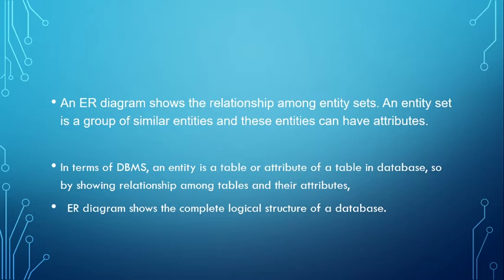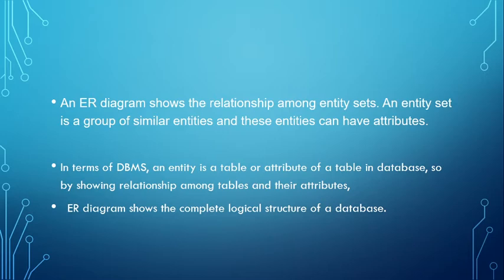Let's see an example diagram. An ER diagram shows the complete logical structure of a database. With the help of this entity relationship diagram, we can design the database. That is the reason why it is called a blueprint of a database. We can design how the structure should be, what columns we must have.